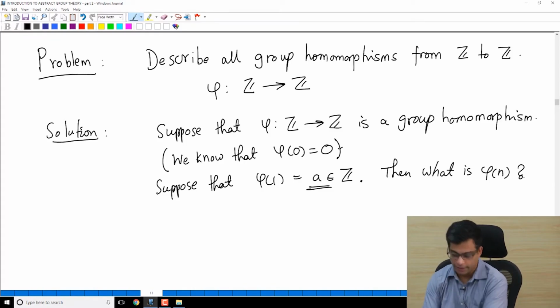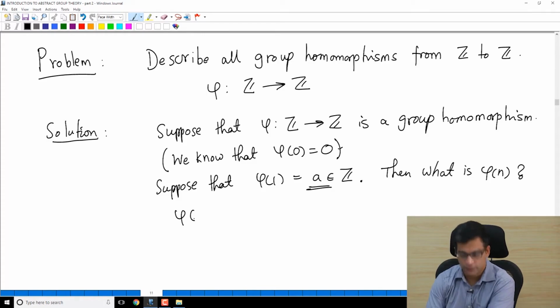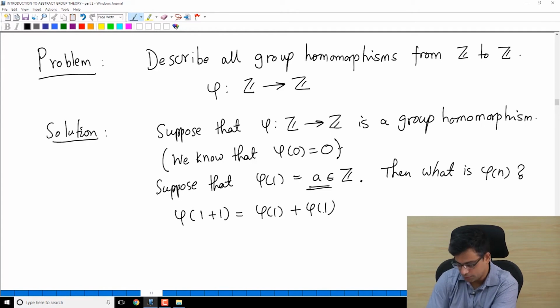for another integer n? So group homomorphism properties will tell us that phi of 1 plus 1 is equal to phi of 1 plus phi of 1, right? This is the definition of a group homomorphism. And what is phi of 1 plus 1? That is just phi of 2, because 1 plus 1 is 2. On the other hand, I have declared phi of 1 is a, so this is a plus a.